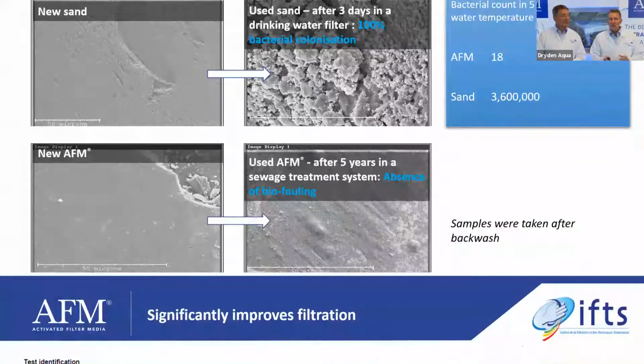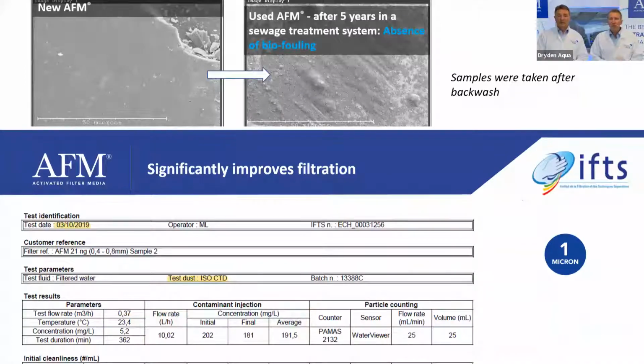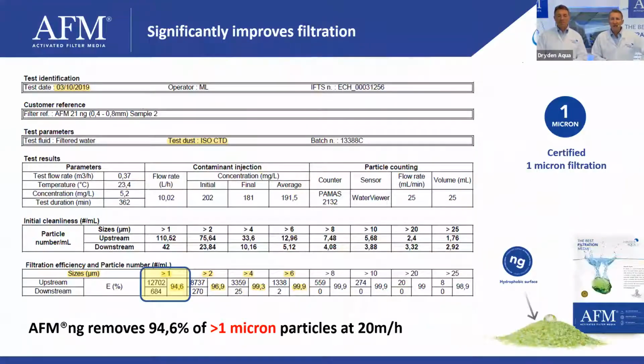This is also something we shared before. This is the filtration performance of AFM NG at 8 gallons per minute per square foot filtration velocity. It has been independently tested and confirmed to remove 95% of all particles down to 1 micron, in sand. Now, at 12 gallons, I don't have it in mind.